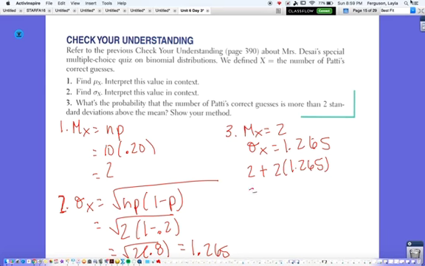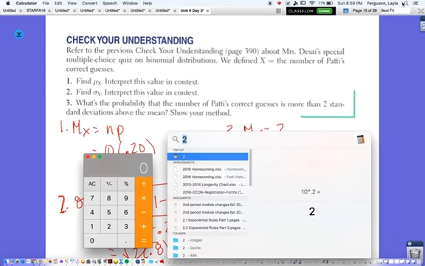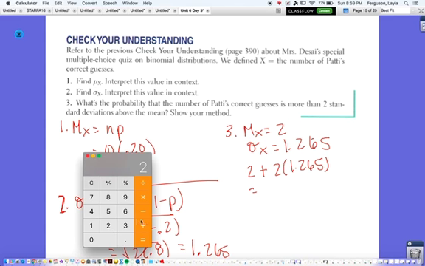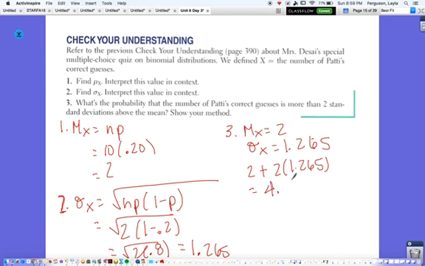If we work that out, 2 plus 2 times 1.265 would equal 4.53.